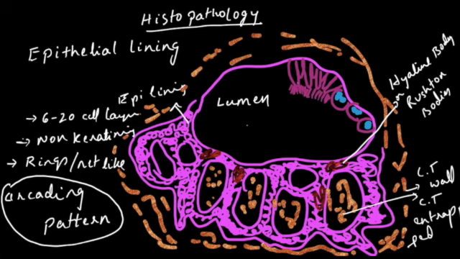So this is the pseudostratified ciliated columnar epithelium. So let's just draw that, label that. This is pseudostratified ciliated epithelium. So these are the varieties of epithelium that we can see lining the cystic cavity of the radicular cyst.